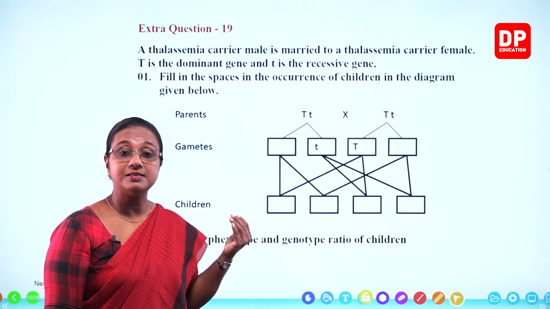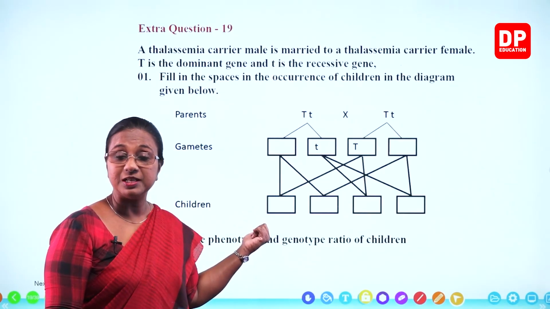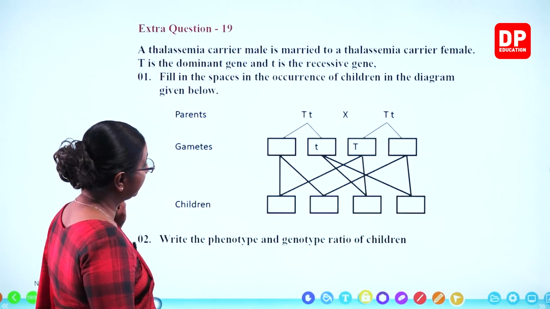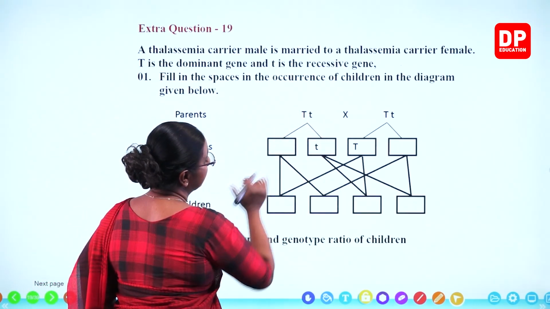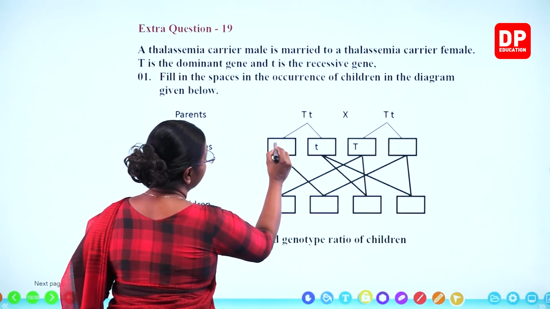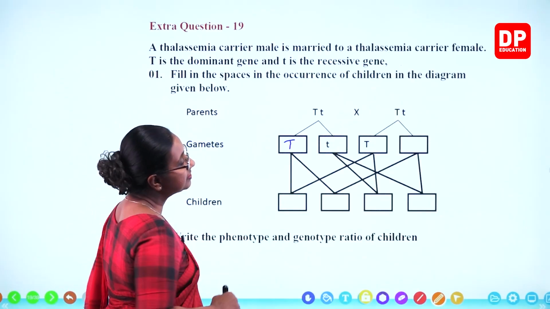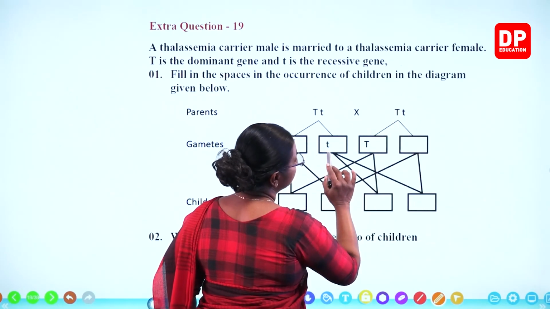Why? Because this is a normal somatic chromosome that has this particular character. So then, what are the gametes? From this parent, capital T and simple T. So simple T is given here. We need to write capital T there. Then we have the second parent. In the second parent, now here see again heterozygous.